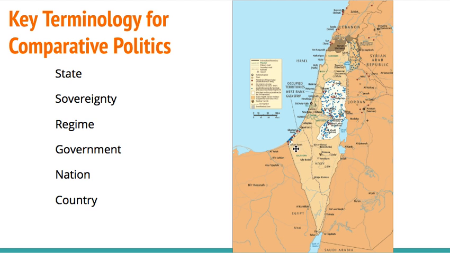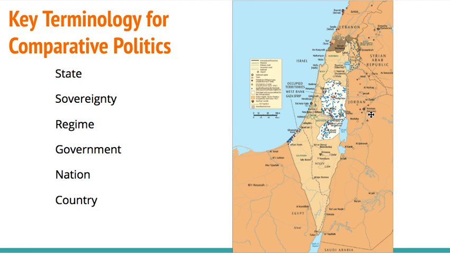Okay? Sovereignty is another key term. In order for a state to exist, it has to have what is called sovereignty. Sovereignty is the ability to carry out actions independent of rivals. So if we look at Israel, they have lots of rivals in the area. They've had tenuous relationships with Egypt, with Lebanon. They definitely have tenuous relationships with Syria and with trying to keep the Syrian civil war from spilling over.